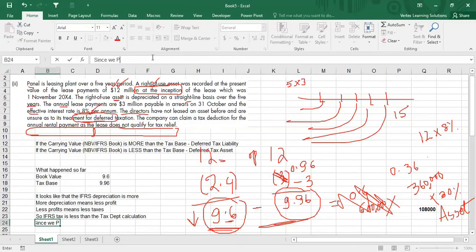Since we pay taxes based on the tax department's calculation, it looks like we paid more than what IFRS says.